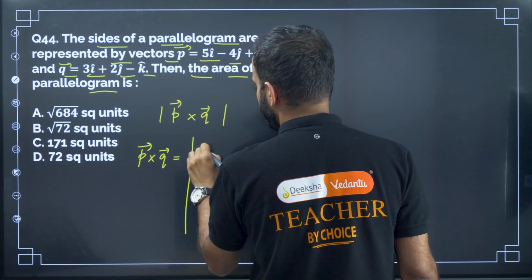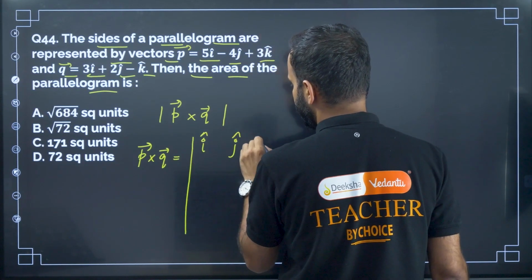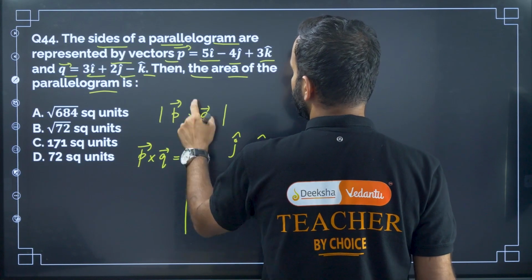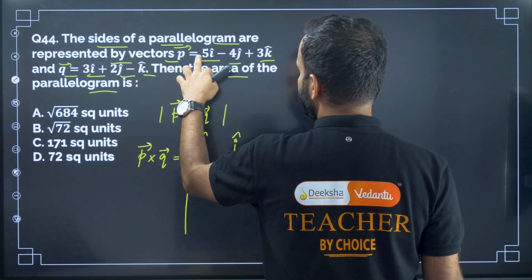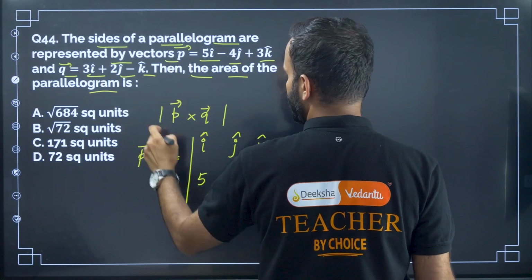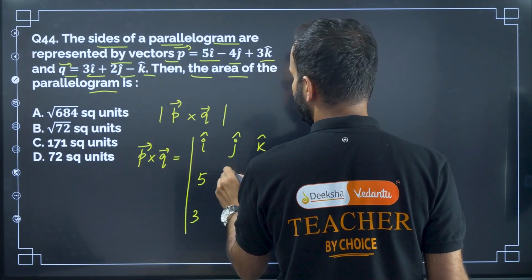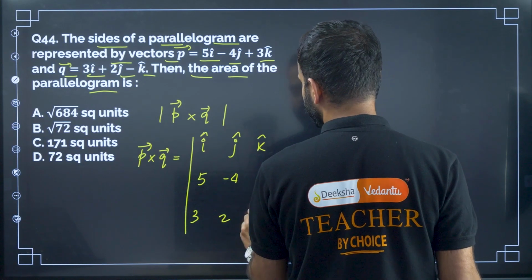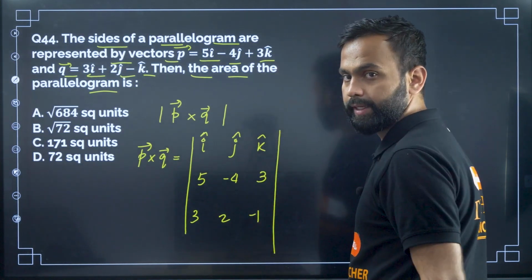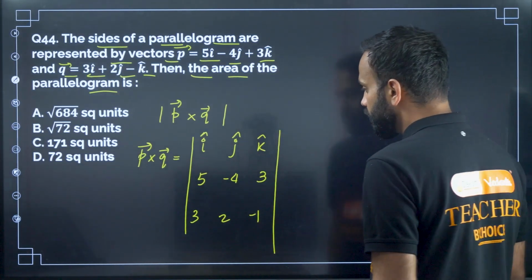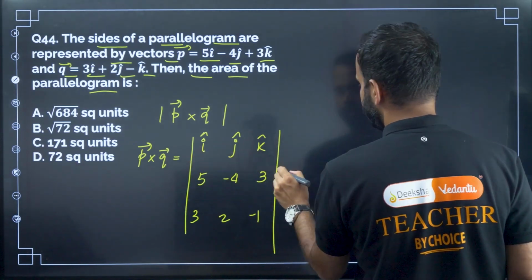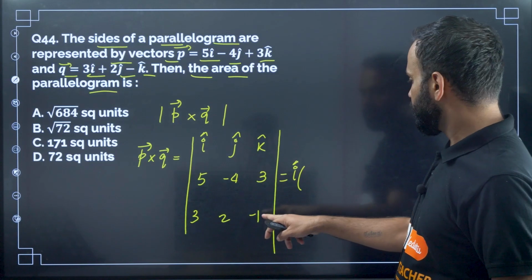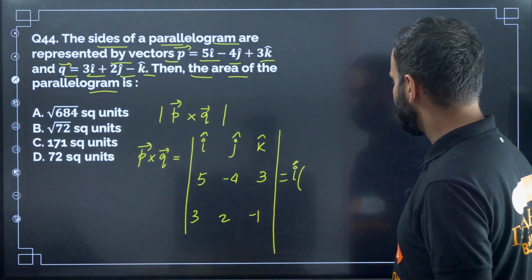Okay, so i cap, j cap, k cap. So now i cap is here, P vector, right? So this will be 5. For Q vector this is 3, and then minus 4 plus 2, and then 3 minus 1, right? Okay, so now here i cap, minus 4 minus 1, that is plus 4. 4 minus 6 is minus 2.